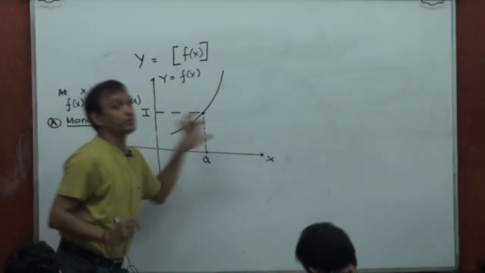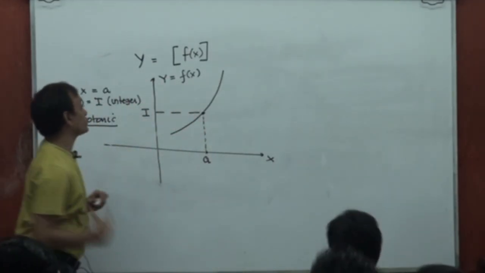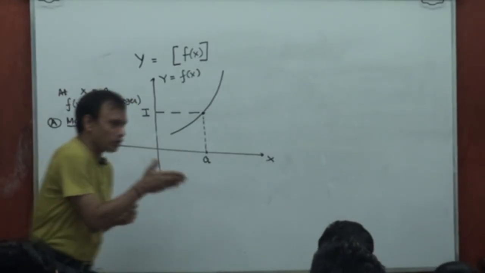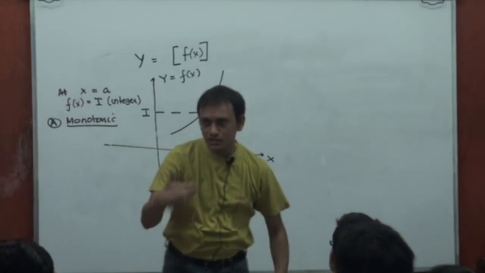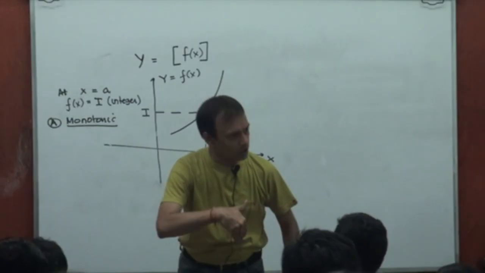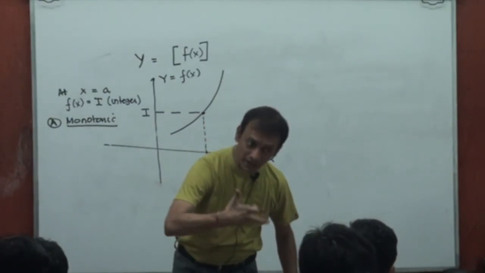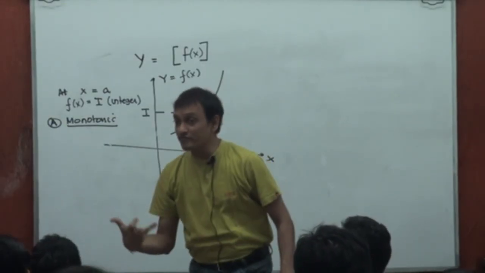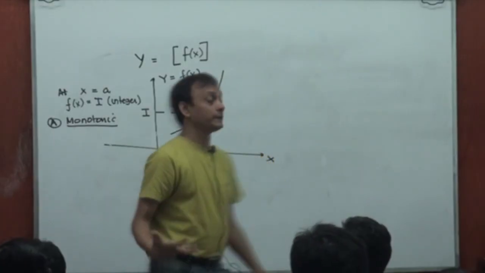Now, if on the same plot, I have to represent box of fx in the neighborhood of x equal to a. See, all that is required is what is transpiring in the neighborhood of x equal to a. That will determine the limit of box of fx as x tends to a, right?